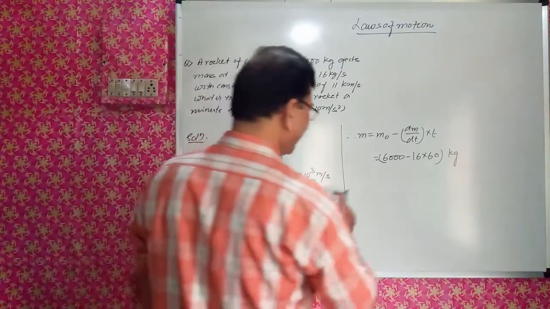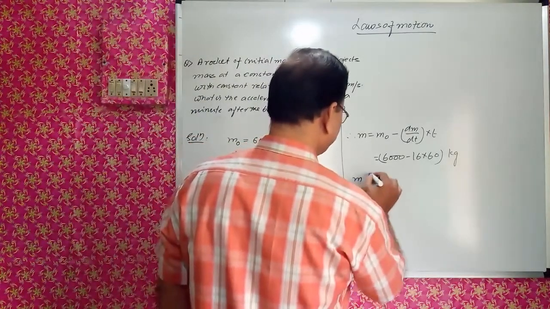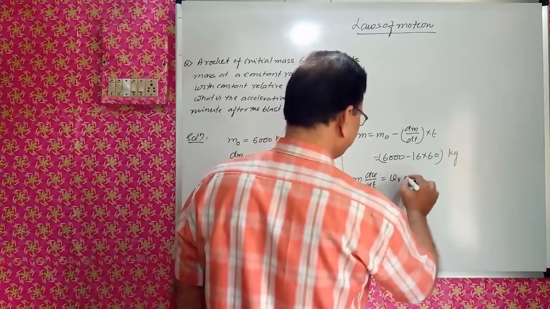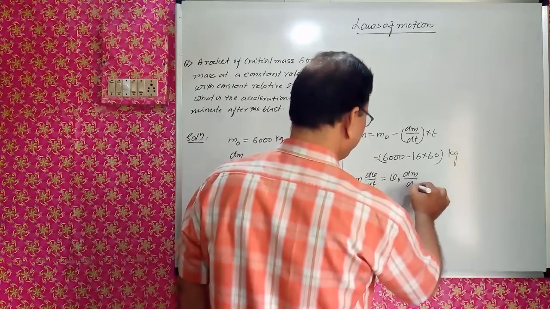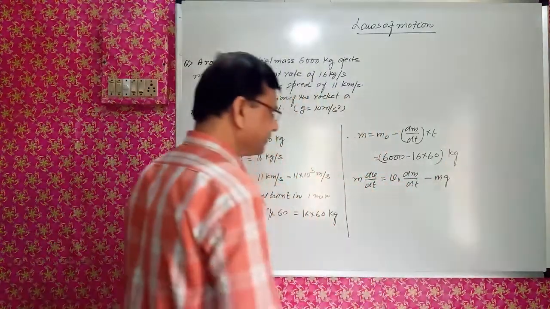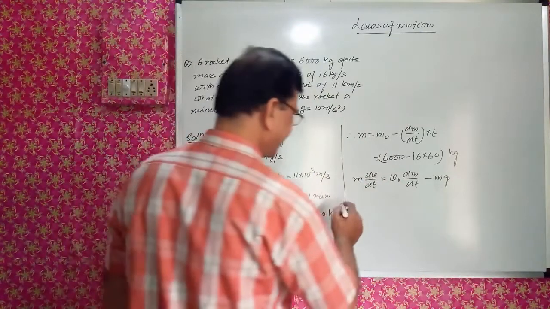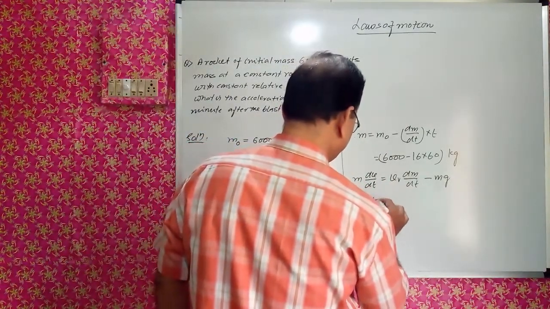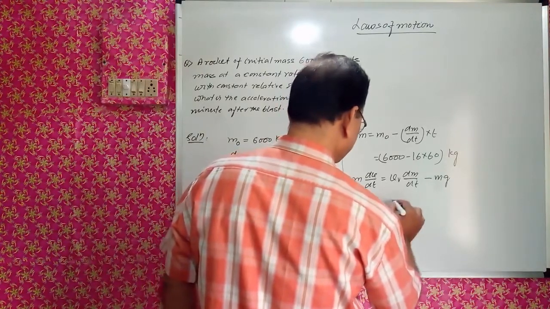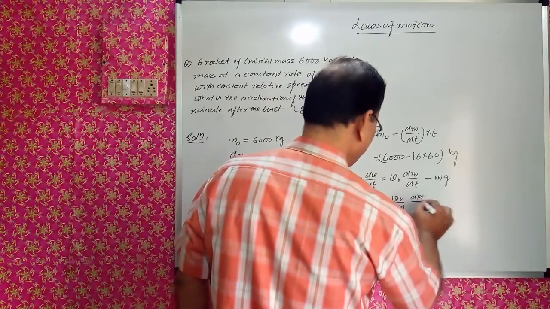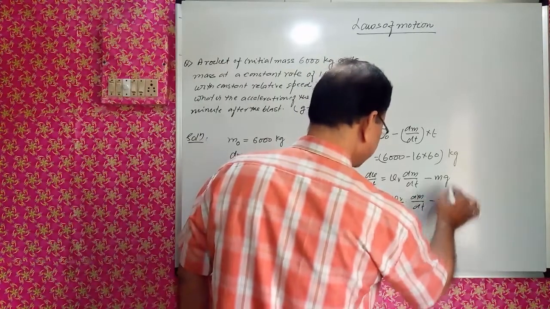So we will use the formula m dv upon dt is equal to Vr dm upon dt, right? Or we can simplify this, therefore dv upon dt is equal to Vr upon m into dm upon dt minus g.